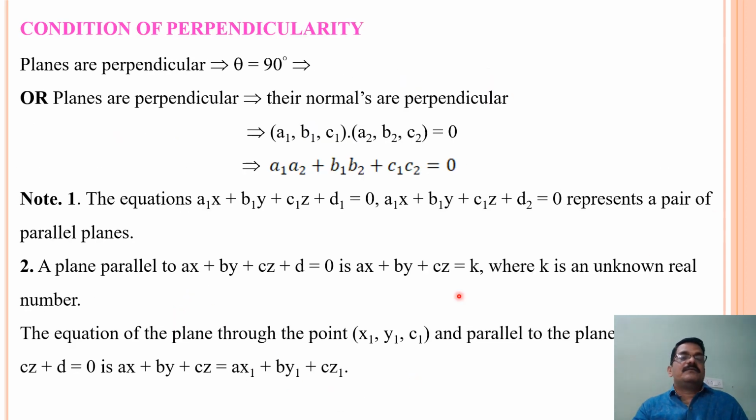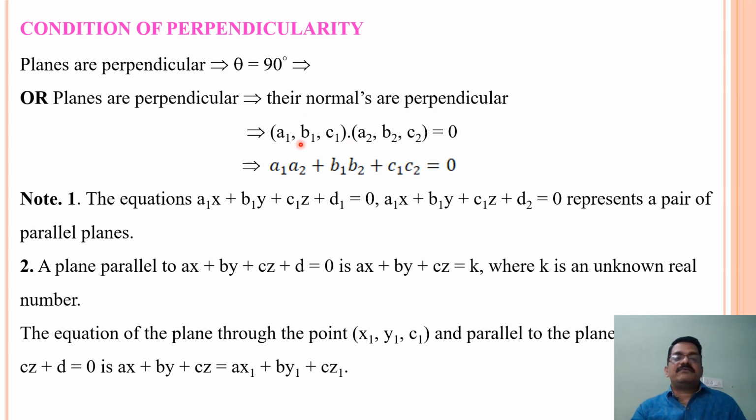Next, second one, planes are perpendicular. Perpendicular means theta is equal to 90 degrees. That implies theta is equal to 90, then cos theta is equal to 0. Cos 90 is equal to 0. So A1 A2 plus B1 B2 plus C1 C2 is equal to 0. Or planes are perpendicular implies their normals are perpendicular.